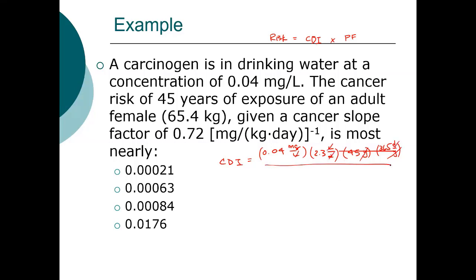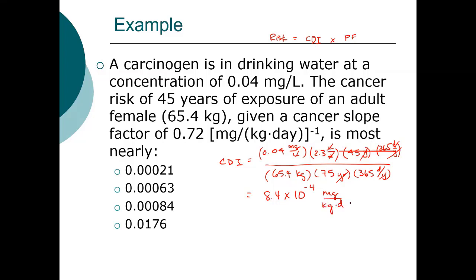Again, we have milligrams. We'll divide by the average weight of an adult female. Average for cancer, 75 years, 365 days per year. Years cancel. And again, we have milligrams per day, and that is 8.4 times 10 to the minus 4 milligrams per kilogram per day.